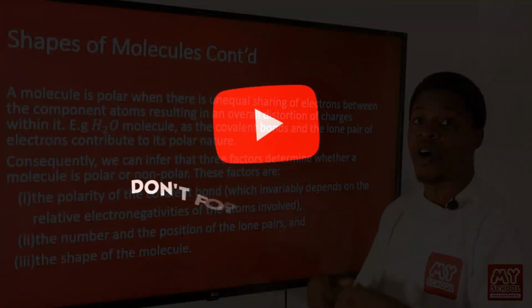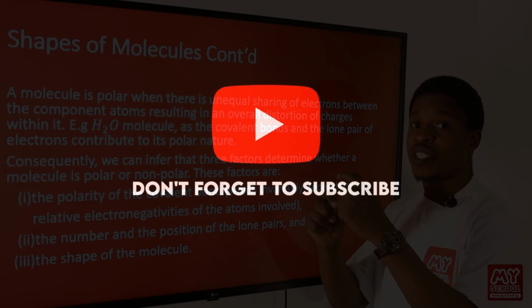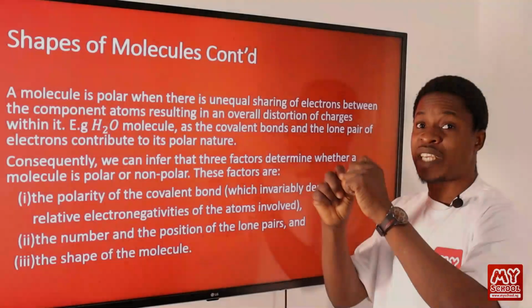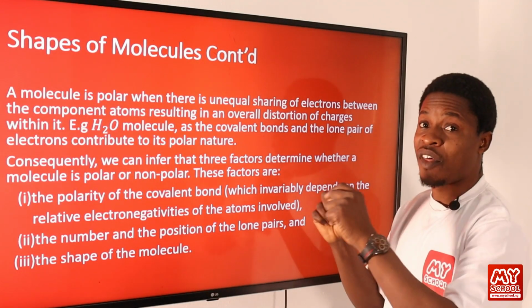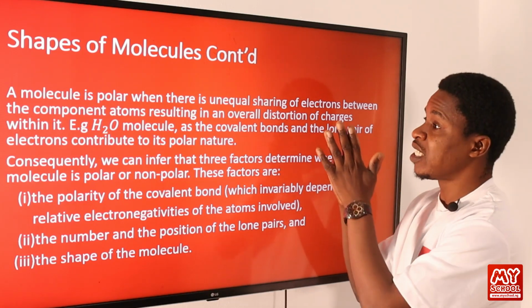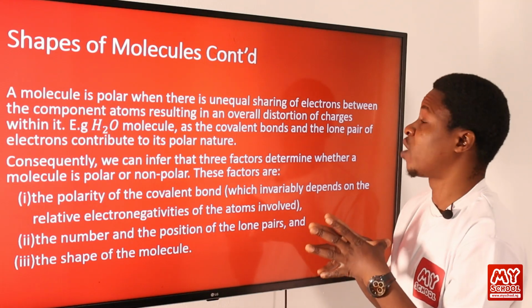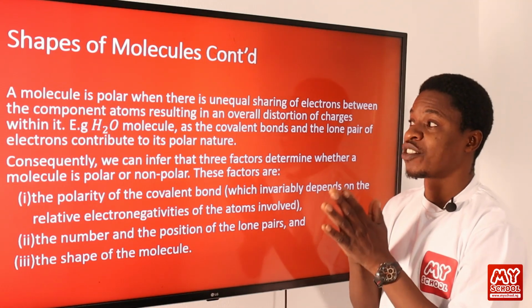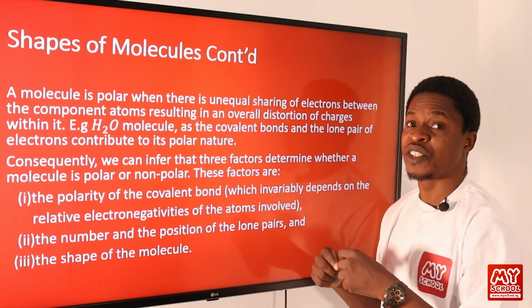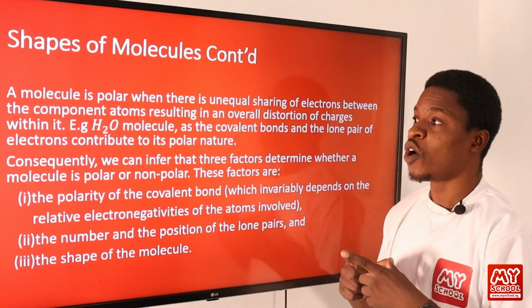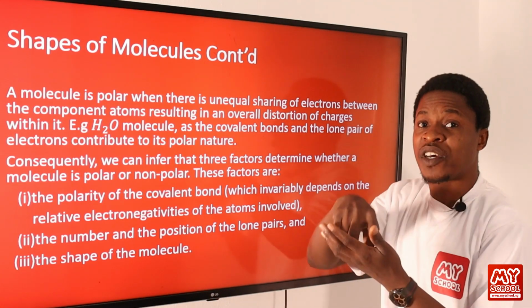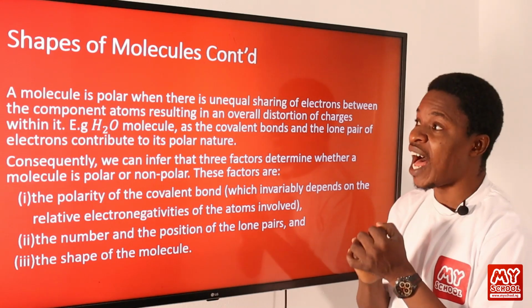Tetrachloromethane has 4 equal bonds attached to the carbon, so they cancel out each other. The equal dipoles cancel out and there will be none left. But in the case of trichloromethane, there is unequal sharing of electrons between the component atoms, and that results in an overall distortion of charges within it. So because of that, it becomes a polar solvent.